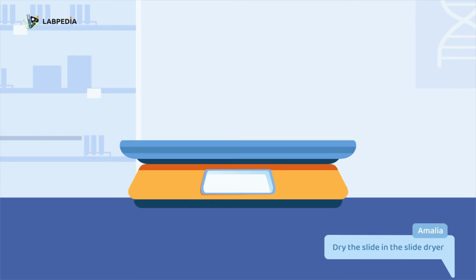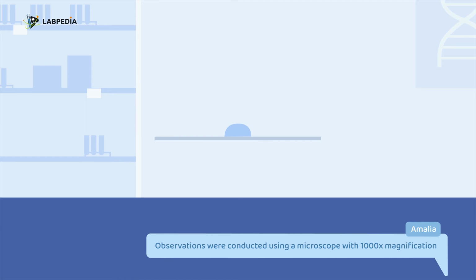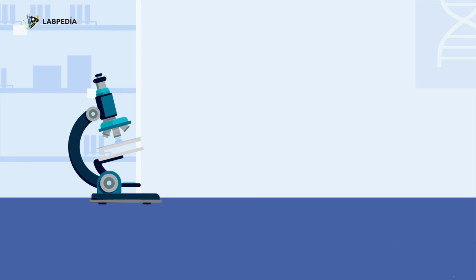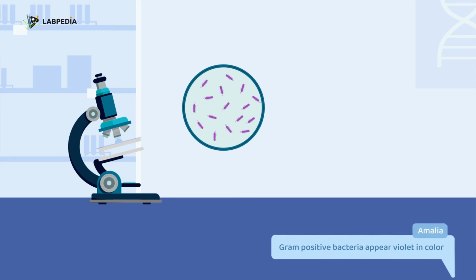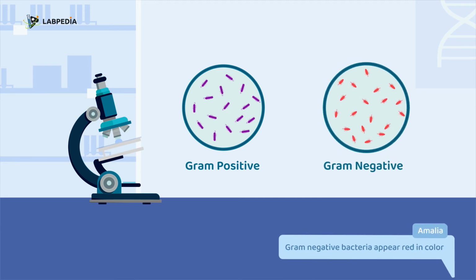Dry the slide in a slide dryer. Add immersion oil on the slide. Observation is conducted using a microscope with 1000 times magnification. Gram-positive bacteria appear violet in color. Gram-negative bacteria appear red in color.